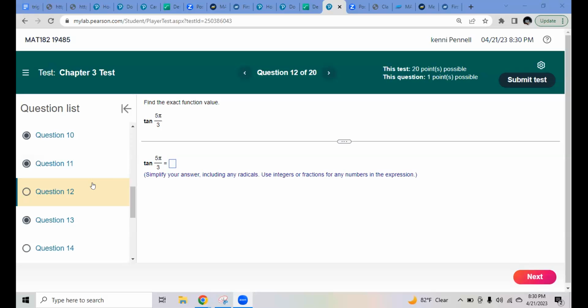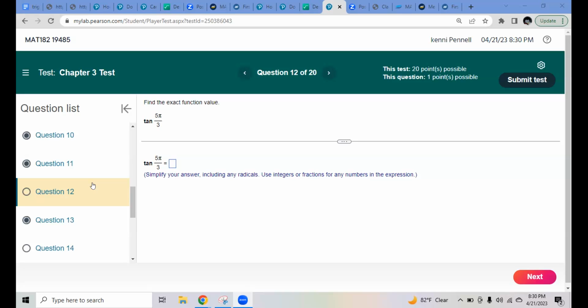5 pi over 3. So that is again the 1/2 as the cosine, and negative square root of 3 over 2 as the sine? Yes. So you have to do the y over the x value and then reduce. So it's negative square root of 3 over 2 times 2 over 1, which is 2. Very good.